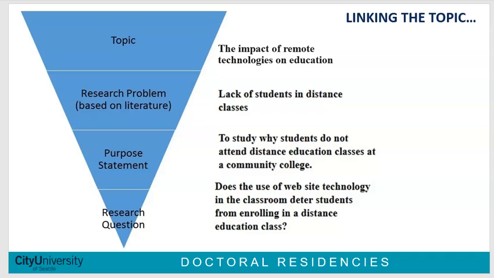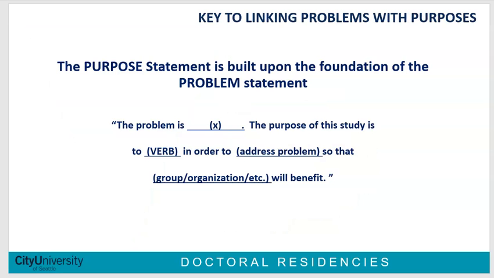So we're going to look at alignment again. Remember, the key to aligning the problems with your purposes is that the purpose of your research, to study, to do something, to investigate, to understand, etc., is built upon the problem. So here's a way to think about it.